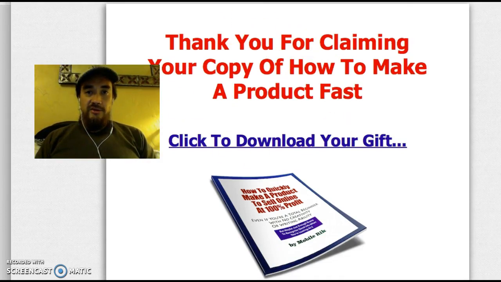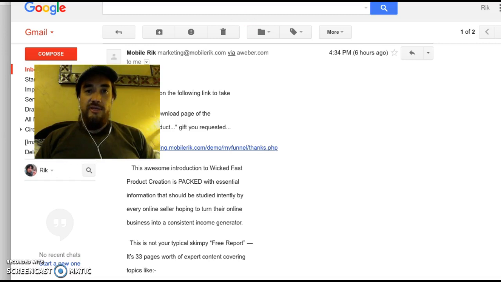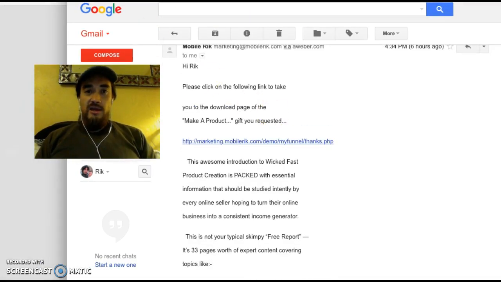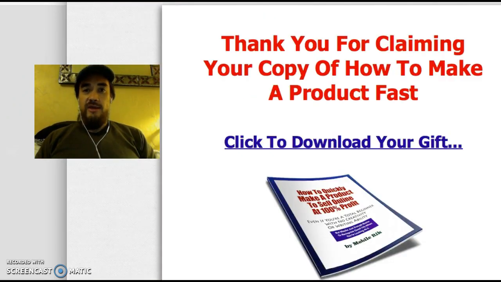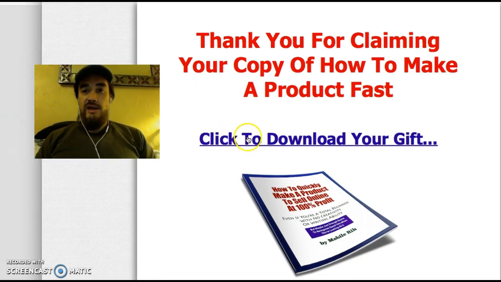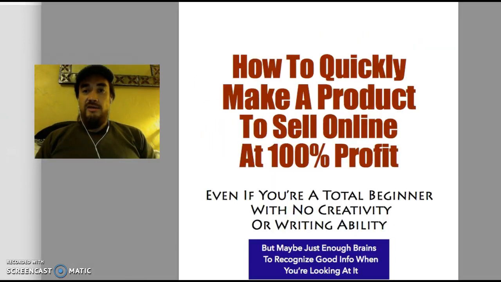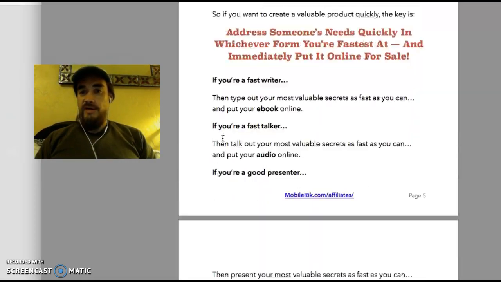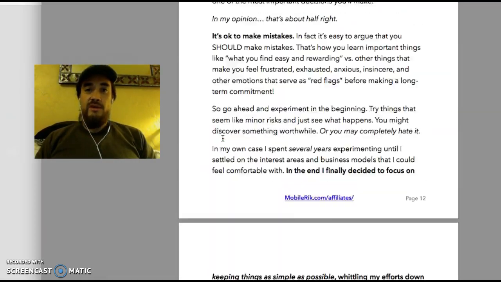Ideally, actually, they're going to be taken to their email, and in their email they'll open up something, and so if they weren't taken to the thank you page immediately, they'll get a link within there where they'll click on there, and once they do that, they'll make it back to the thank you page. They'll click to download their gift, and it automatically opens up a PDF ebook if that's what you offer.